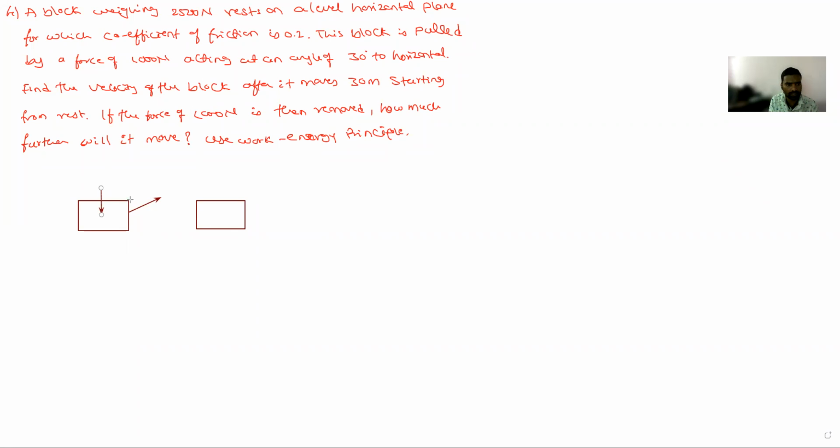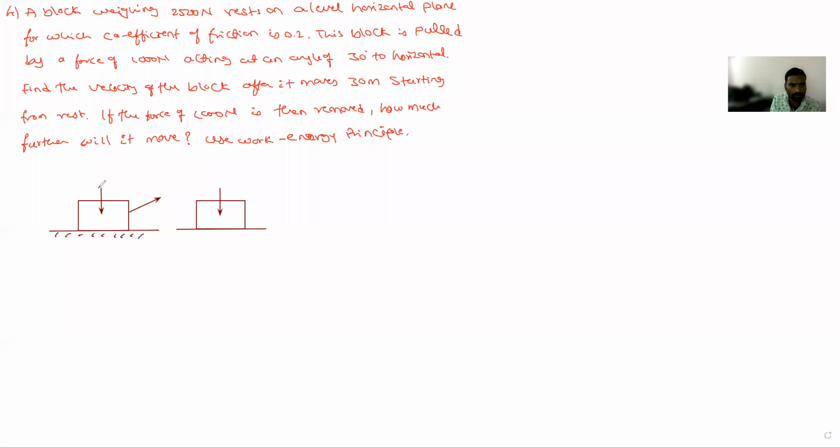This is the first case, weight is acting downward. In the second case also weight is acting downward, but this P is removed now. The block is resting initially on the ground. Whether the ground is rough or smooth, it is rough. Okay, friction, it means it is a rough ground.